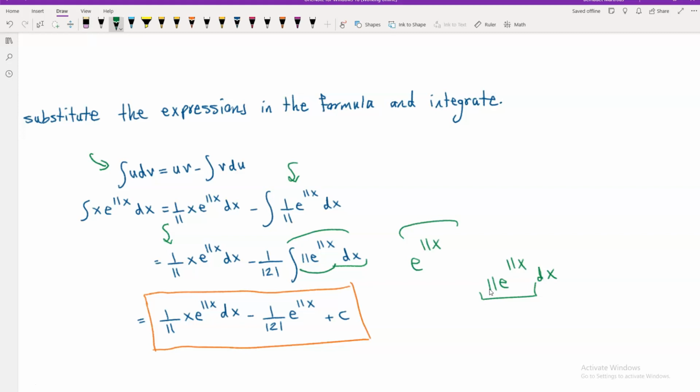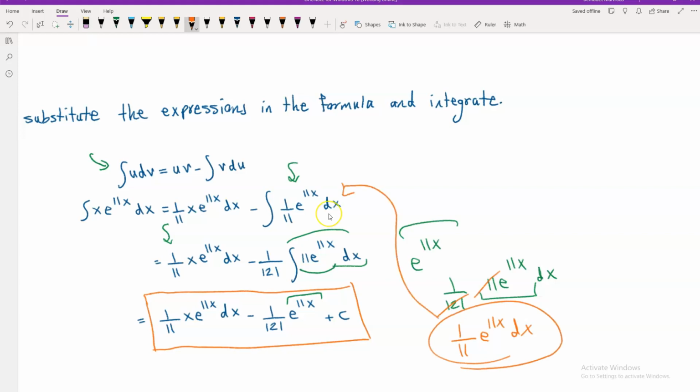So the integral of that part is e to the power 11x, multiplied by 1 over 121. If we simplify that part, you're going to have 1 over 11 e to the power 11x dx. This is exactly what we had in the first step.